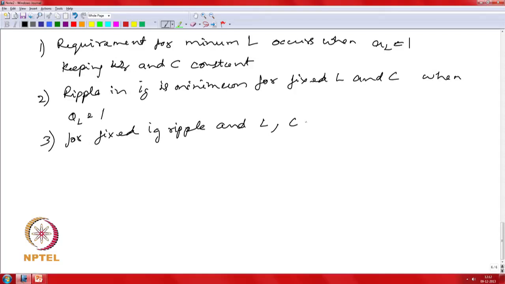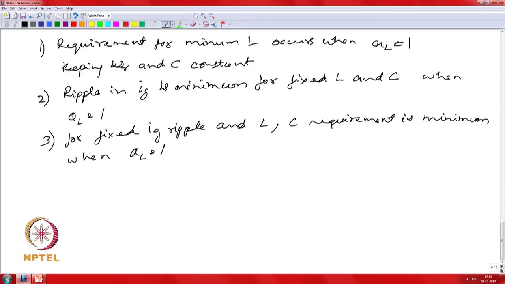You will then see that the C requirement is minimum when AL is equal to 1.